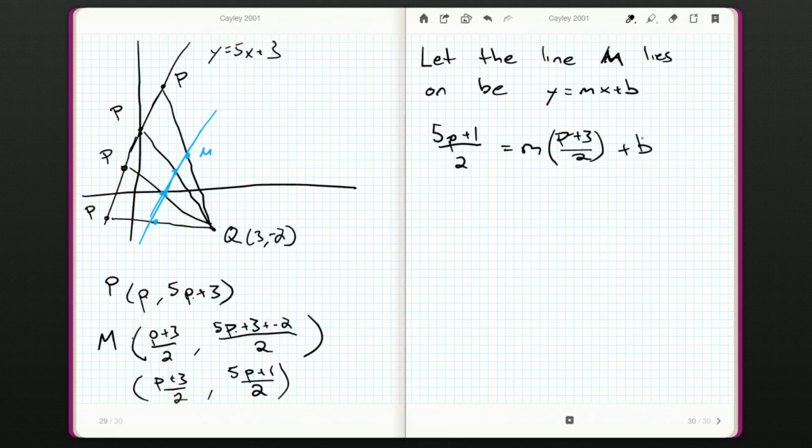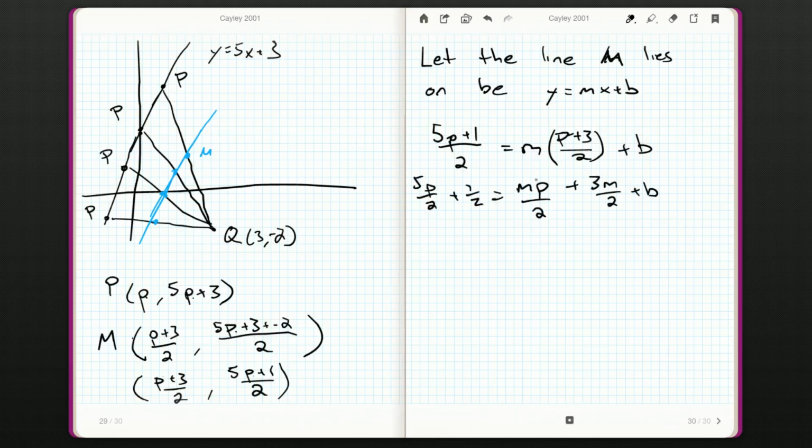Now what's really important here is that any point P gives us a midpoint, and that should lie on the same line, which means b should have no p's in it at all. So when I expand this out, I get mp plus 3m over 2, a constant here, and I have 5p over 2 plus 1 over 2 here.